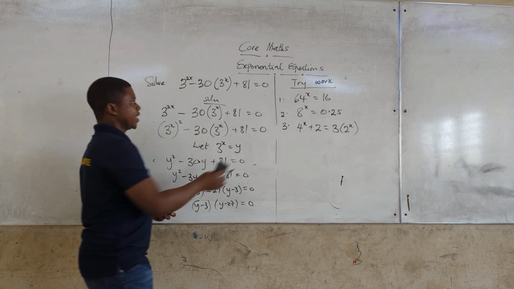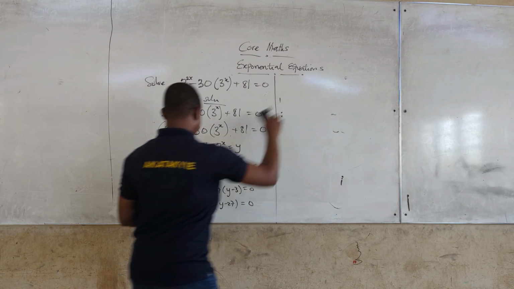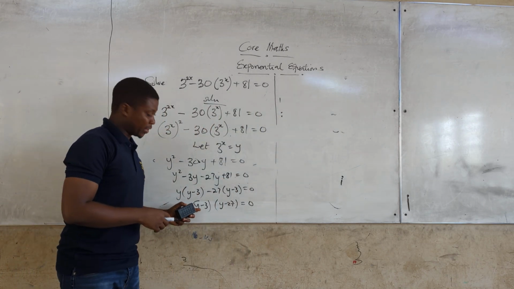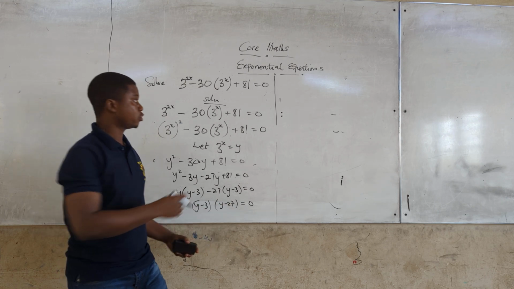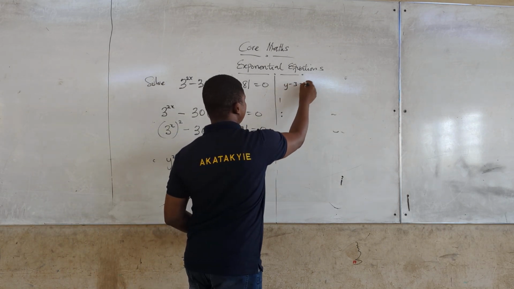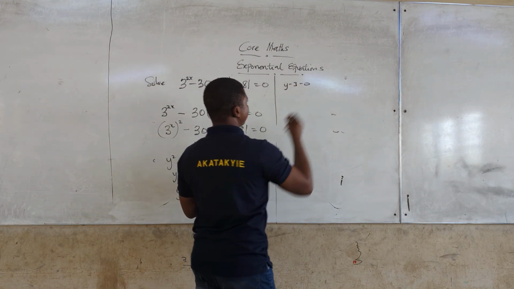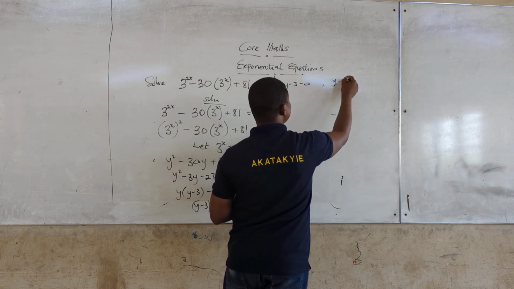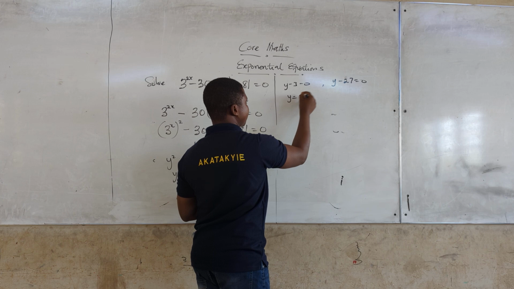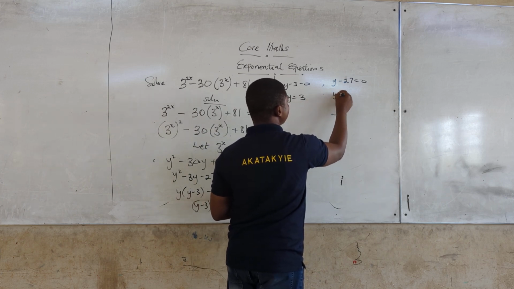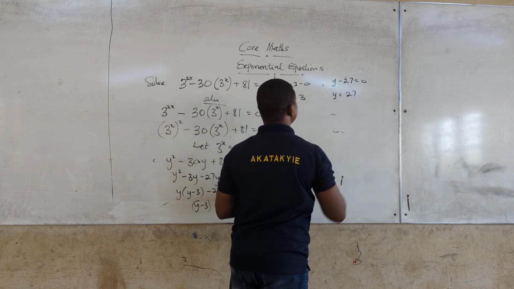So with this, we can say that y minus 3 equal to 0, then y minus 27 equal to 0. So y is equal to 3 and y is equal to 27.